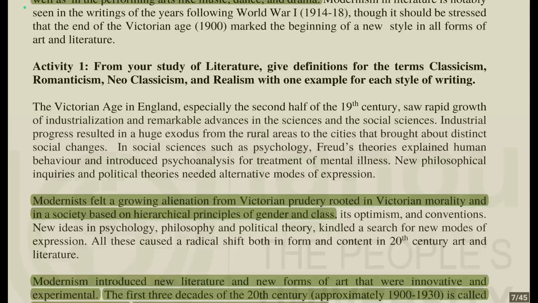Now you don't know what prudery is, right? But I'll explain it. Which was based on the moral and ethical principles adhered to during the Victorian times, and they felt alienated from Victorian society as well, which was based upon hierarchy, according to a person's gender and class. So the modernist writers felt very separated, very different from Victorian people, who believed in a different kind of moral rules, different moral principles, and whose society was based on hierarchy.